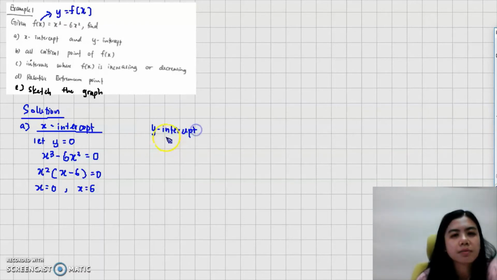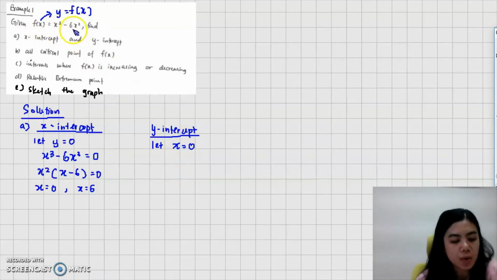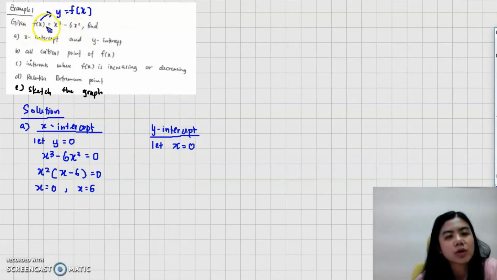Y-intercept means that you're going to let the x equal to 0. So let's let the x equal to 0 into this function f. So now you have f(0), which equals 0 cubed minus 6 times 0 squared.